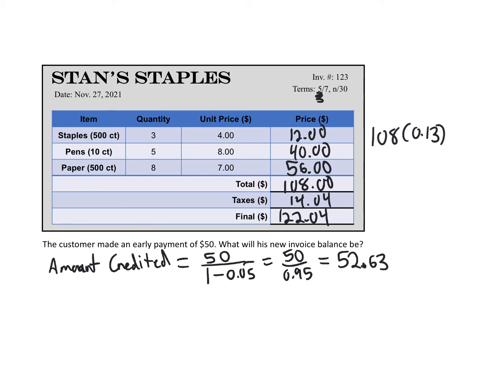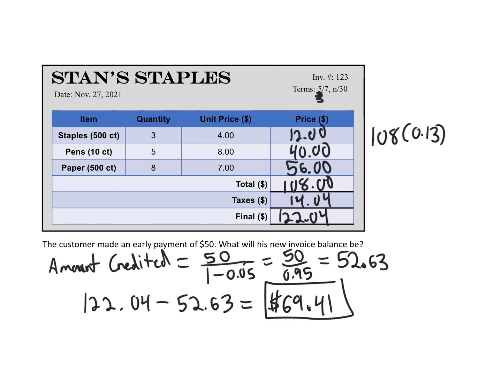So even though you're only paying $50, you get a credit of 52.63 taking off. So we take our 122.04 and we minus the 52.63 for 69.41 for our new final bill.